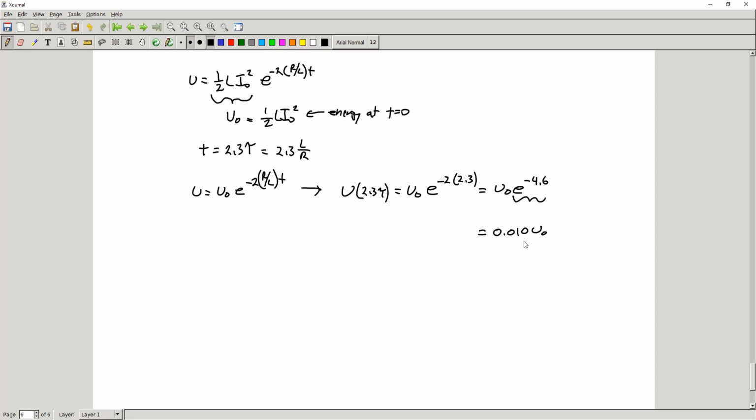So you could write something like only 0.01 over 1, or 1%, of the energy remains. We only have 1% of the energy remaining in the magnetic field of our inductor. So 99% of the energy at 2.3 tau has already been sent back into the circuit, and in this case dissipated in our resistor.